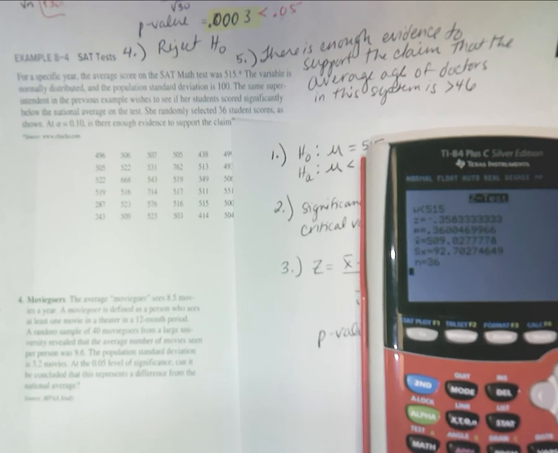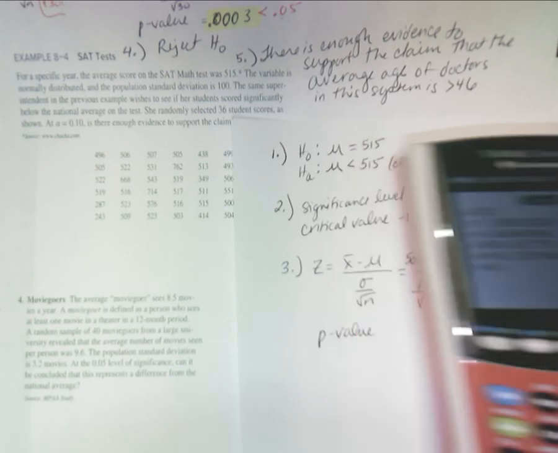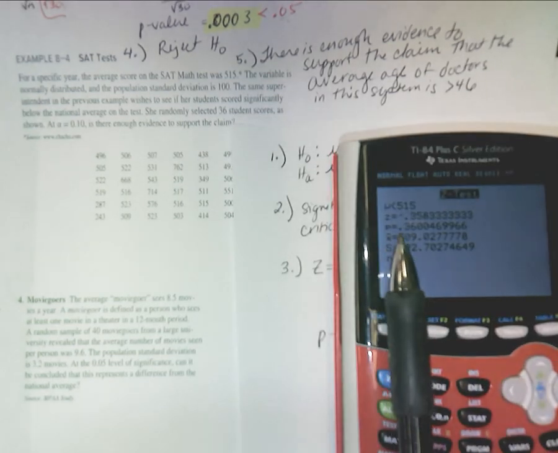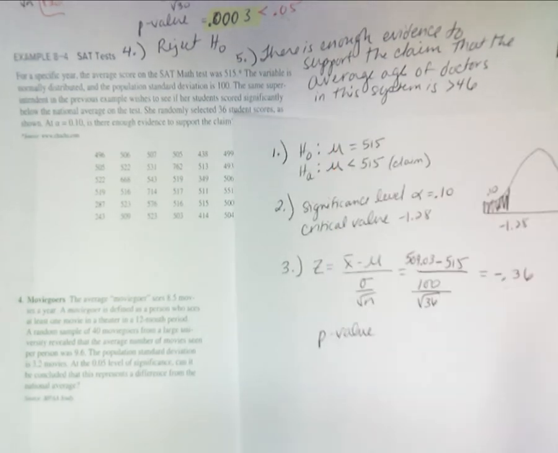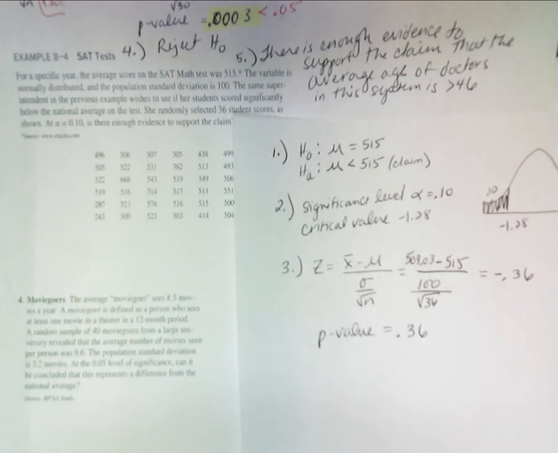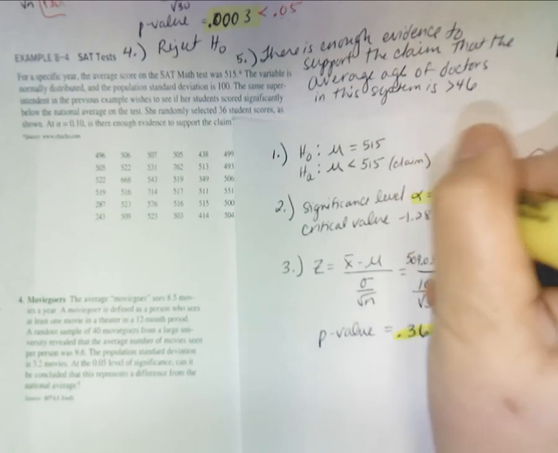Calculate. Look at that, look at how my Z is the same thing. Negative 0.36, that's what I got. What's my P? 0.36. Okay, now compare this P to the significance.